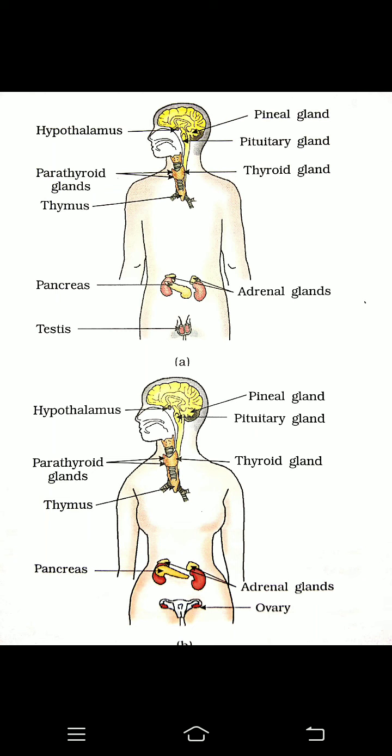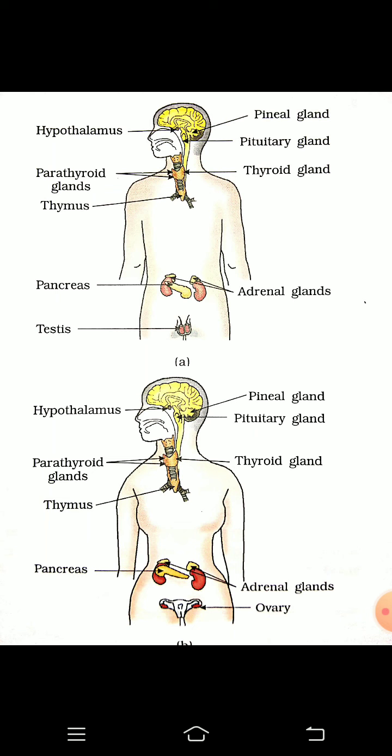The next is adrenal gland. Where is the location of this adrenal glands? You can see in the figure, it is above the kidneys. We know that kidneys are in a pair. Same way, adrenal glands are also in a pair and they are exactly above the kidneys.